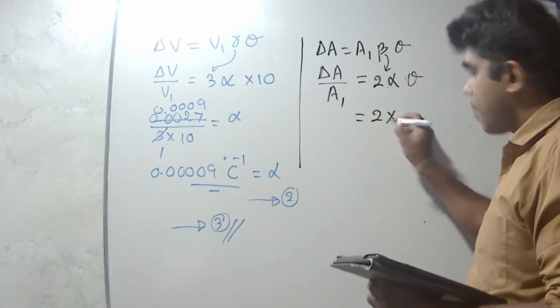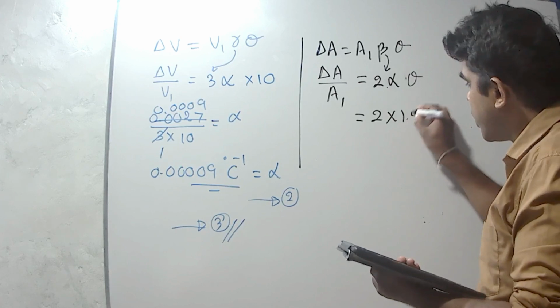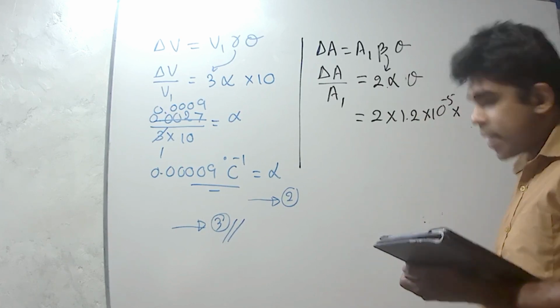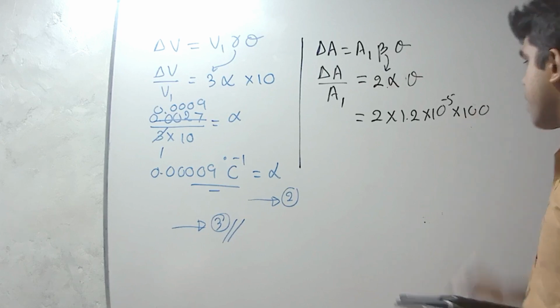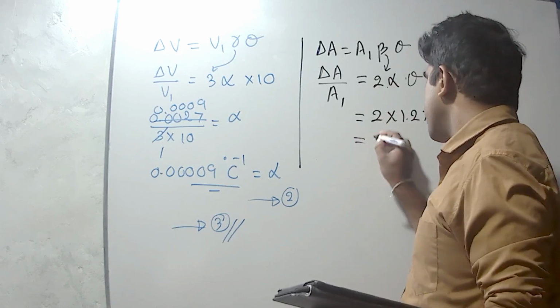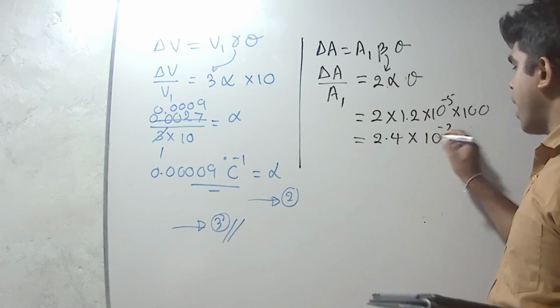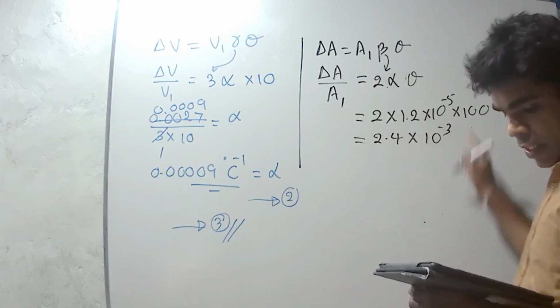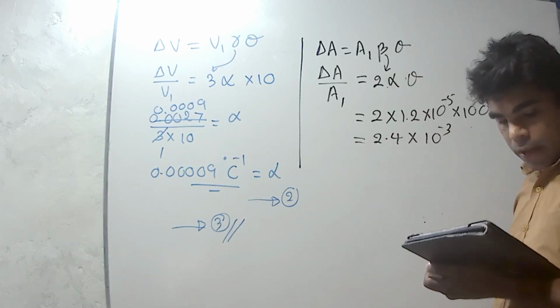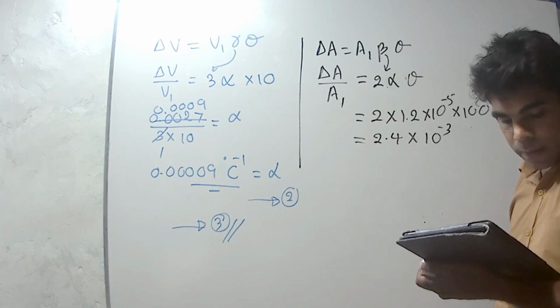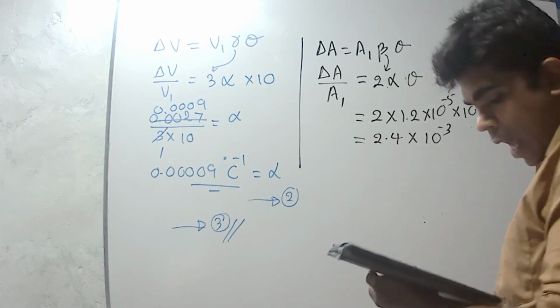The alpha value is 1.2 into 10 to the power minus 5. Temperature increase is 100 degrees. 2 into 1.2, 2.4 into 10 to the power minus 3. This one is the fractional increase. When increasing temperature, there is an increase of area. Then the answer is 1.